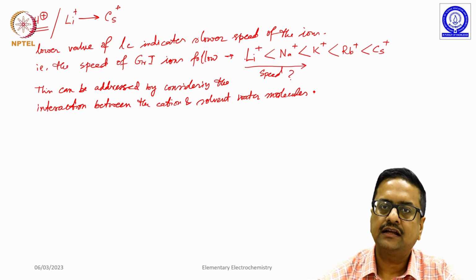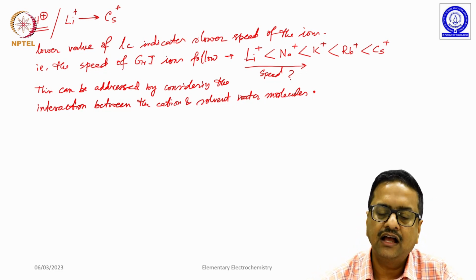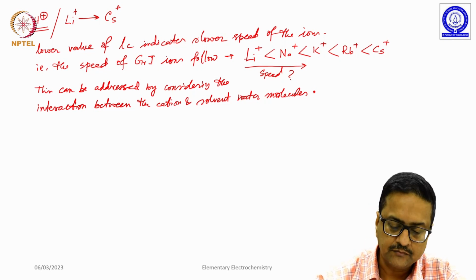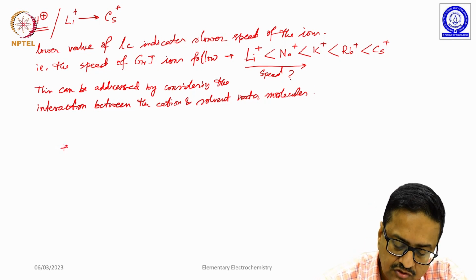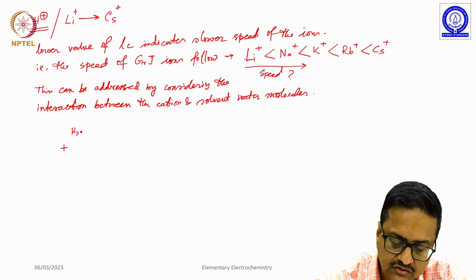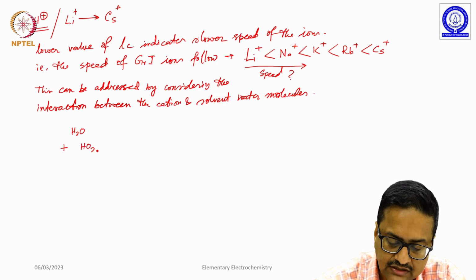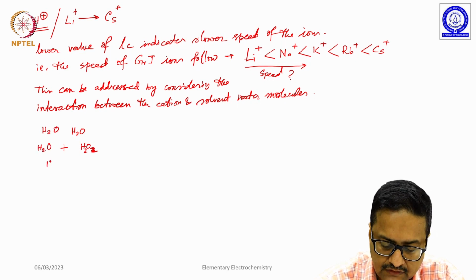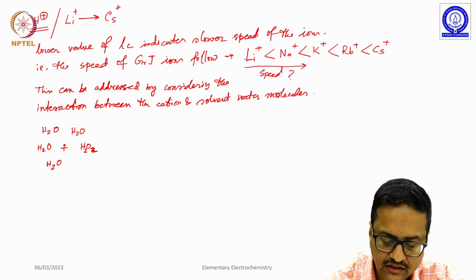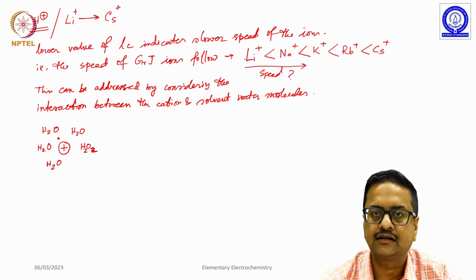Because you see, the cations in solution do not stay as an independent ion. All the cations will be associated with solvent water molecules around it. Lots of water molecules will be associated with the central cation.